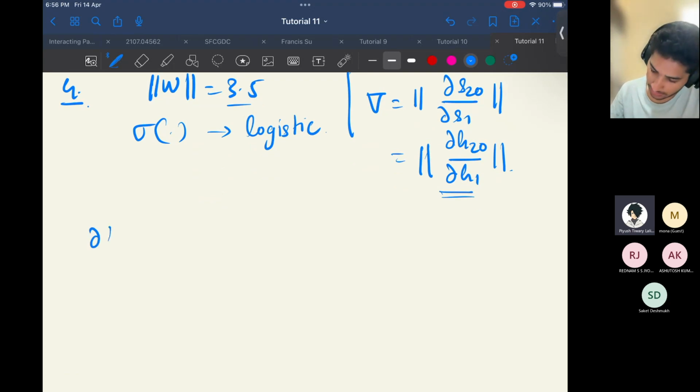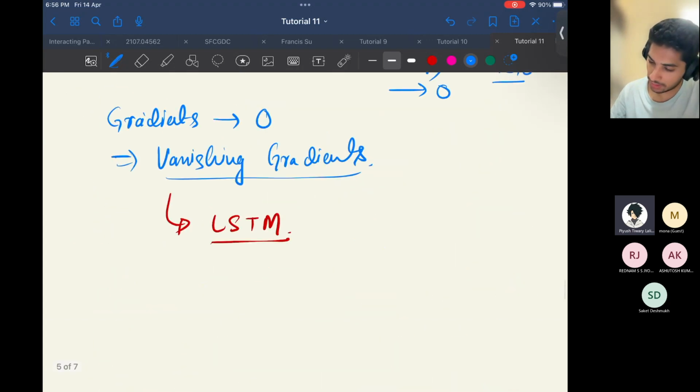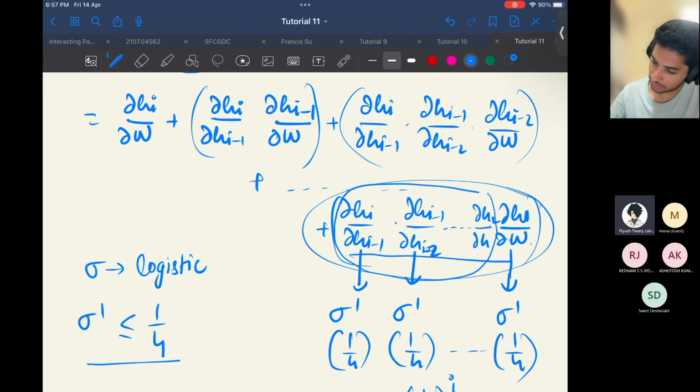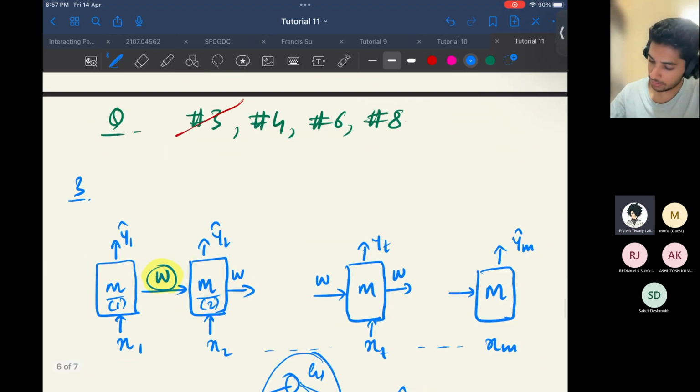So del H20 by del H1. I hope from this discussion that we had with the computation of this big matrix, you will agree that it is asking us for the first term, except the last term, what is the multiplication of the rest of the terms.